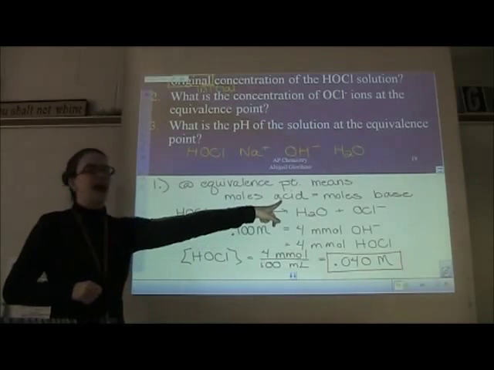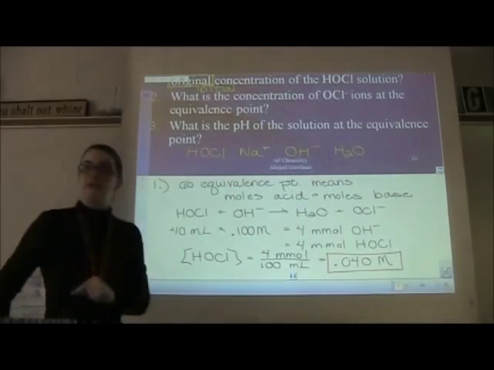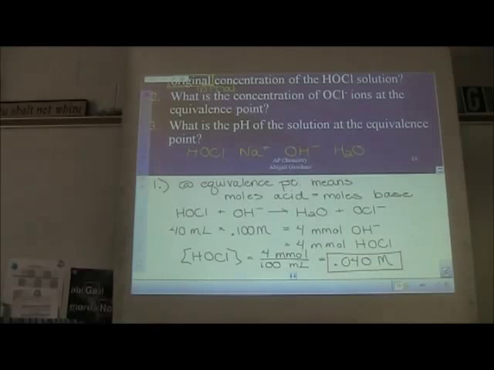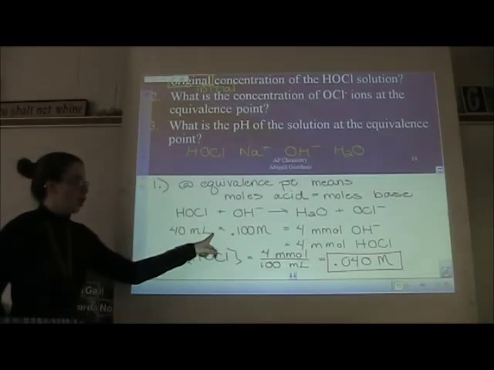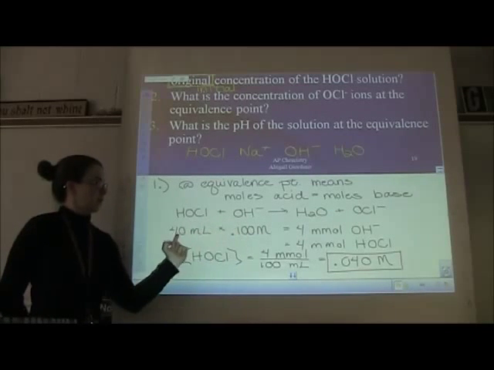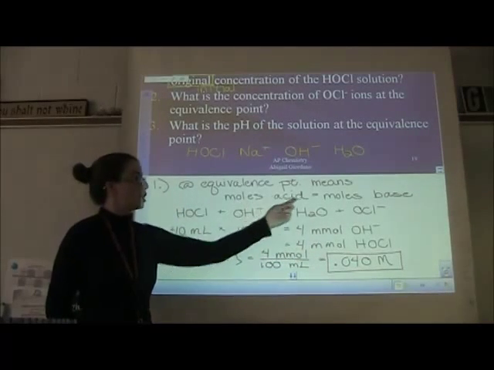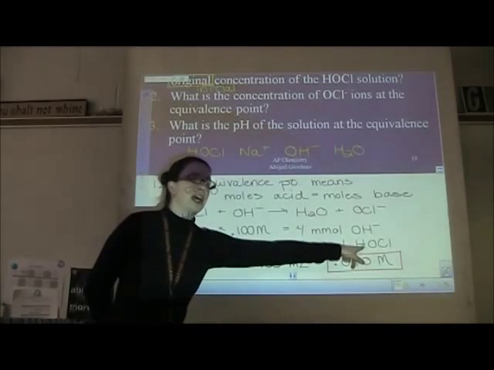Initial moles of acid are equal to initial moles of base. We were then told the volume and molarity of the base, which allowed me to solve for an amount of base. And if they're equal, that's the same number of acid.